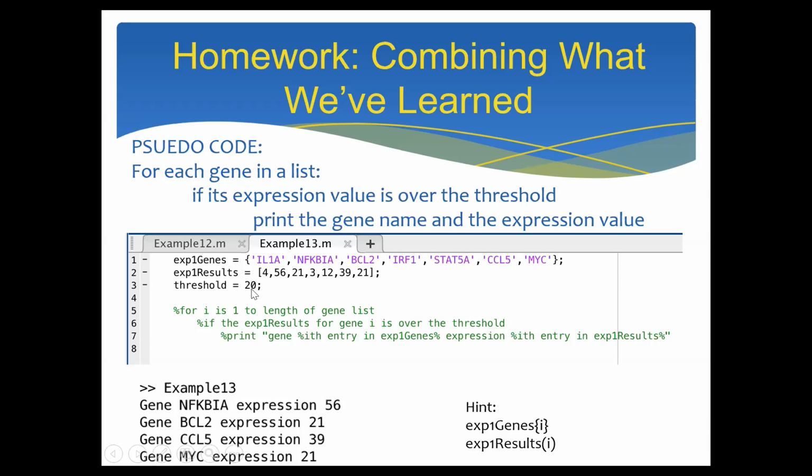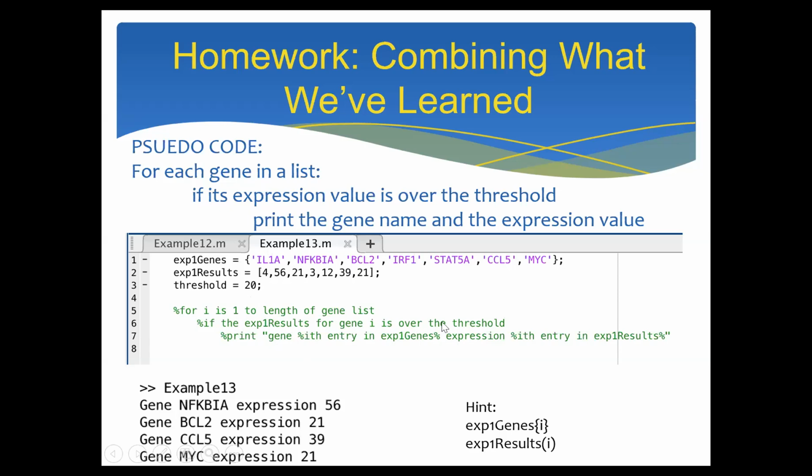If the expression is over 20, then it will print the gene 2's entry in this list. And this NFKBIA has the expression 56. Right. Go over this gene list one by one to check whether the expression is over the threshold and print them out.